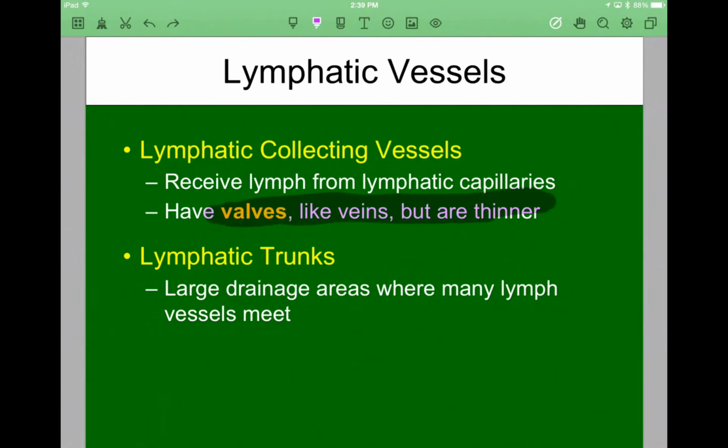In fact, lymphatic vessels are very, very thin. They'll lead back towards what we call lymphatic trunks, larger areas for lymphatic tissue to flow. But you have to put in valves because you don't want lymph going back into the tissue. The whole point is to get it out.